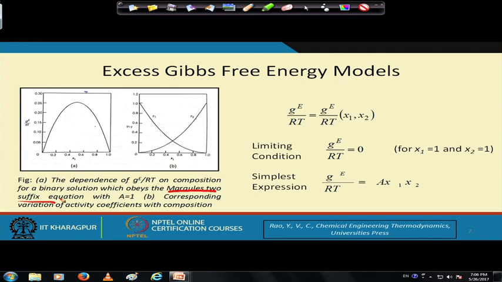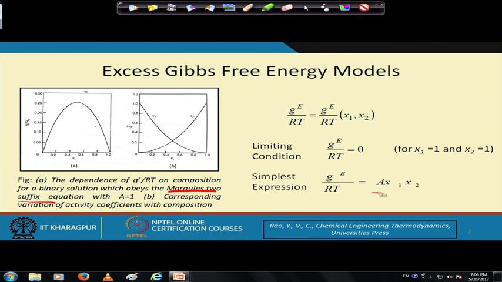For such cases it is good, but for most situations the case is slightly more complex and we need to modify the simplest expression in order to predict the behavior of slightly more complex liquid solutions. We are going to deal with it in the next class.